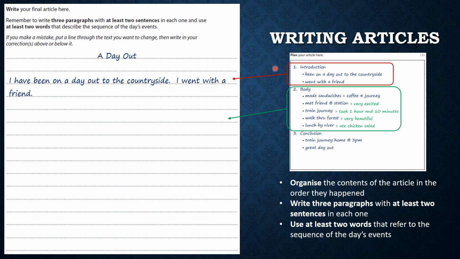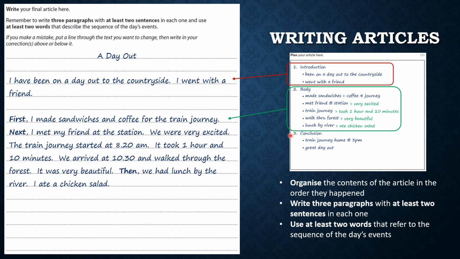Let's look at the second paragraph then, the body. We have all the bullet point information there that we were given in the question, as well as the expanded points in green here. We will make those into 1 sentence for each point, like this. First, I made sandwiches and coffee for the train journey. Next, I met my friend at the station. We were very excited.